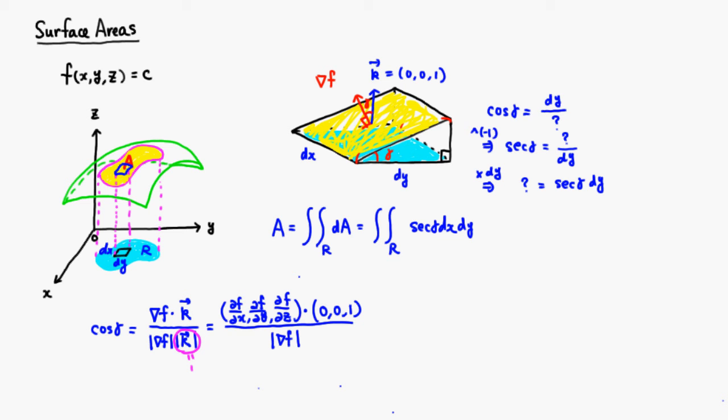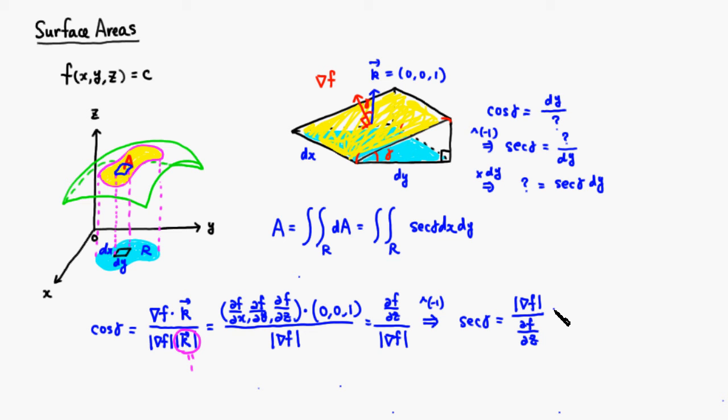If you compute that, this times that is 0, plus the partial of f with respect to z, over the magnitude of the gradient of f. If you take the reciprocal of both sides, you get secant of gamma, which is just the magnitude of the gradient of f divided by the partial of f with respect to z.